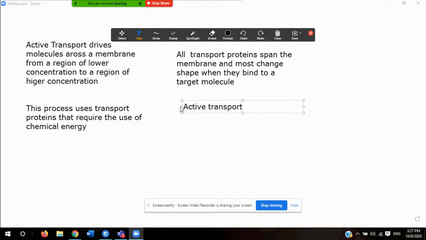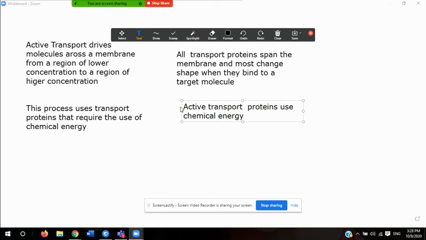Active transport proteins use chemical energy, which we already said, to move across the concentration gradient.